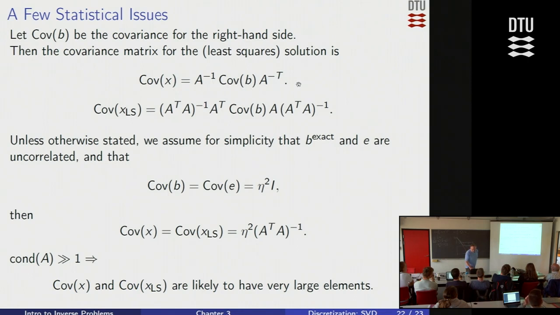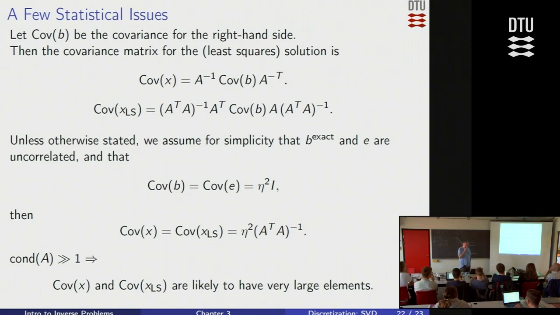And if you work with the least squares solution instead for over-determined systems, you have that one there. It looks complicated, but it just tells you how errors in the right-hand side give rise to errors in the solution, or variations in the data give variations in the solution.